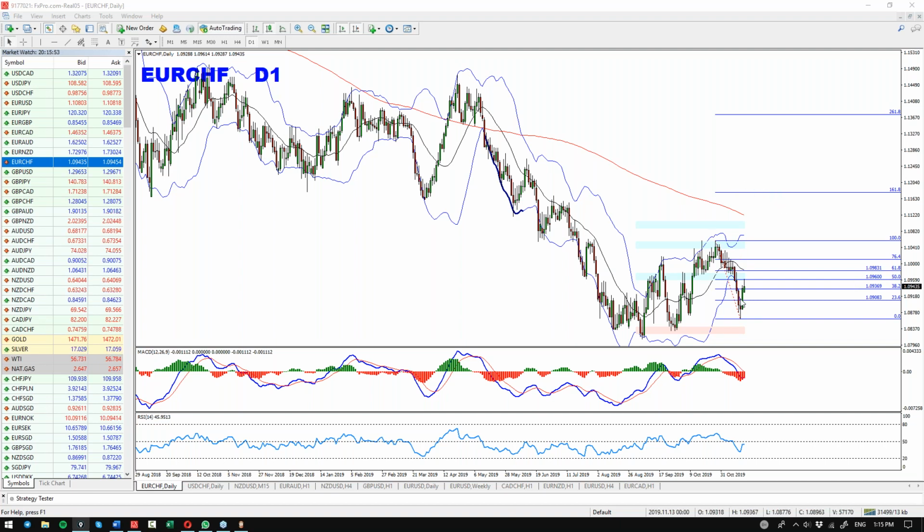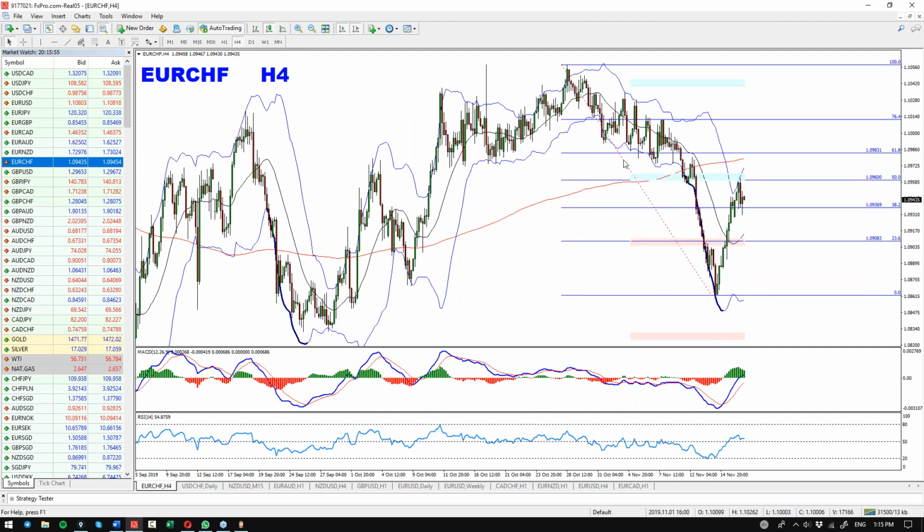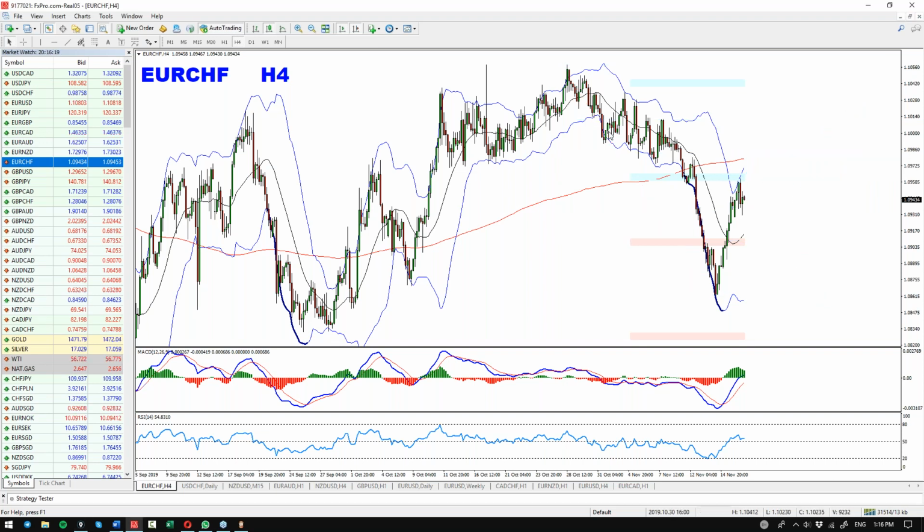And if it is the first leg, then it has to be a trending structure on the lower time frame, and this is exactly what it gives us: lower highs, lower lows. So our idea is looking for the sell as long as we respect and don't go above the 61.8. Our view is bearish, looking for sell setups.